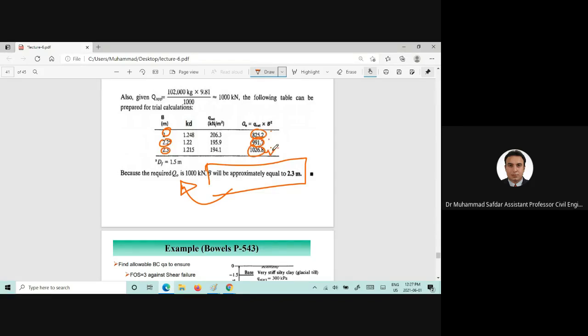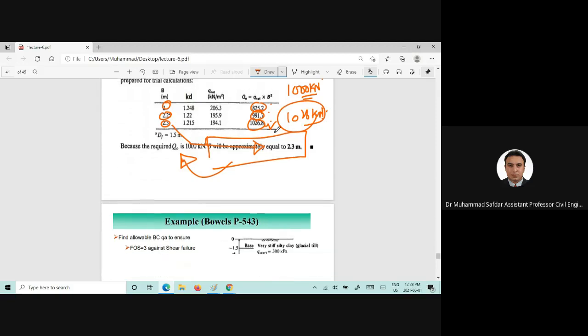Once you see that 2.33 millimeter can easily take 126 kilonewton, and the applied load was 1000 kilonewton, you can estimate and find out the width of the foundation.